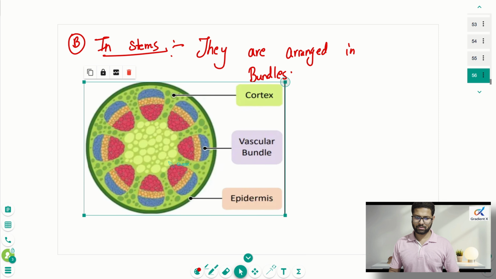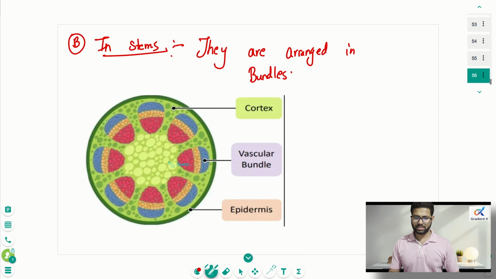So this is our vascular bundle. This is the cortex and this is the epidermis. Can you see how it is arranged? The blue part is a vascular bundle, only the blue part. Then this yellow part and then the pink part.